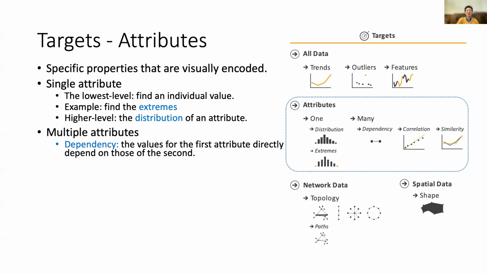And you can also look at multiple attributes. Again, I think you tried this many times already. The more common ones you would try are correlation and similarity. With correlation, you try to show the relationship between two attributes. Probably the most common one is, say, as the horsepower of the car increases, the price also increases.